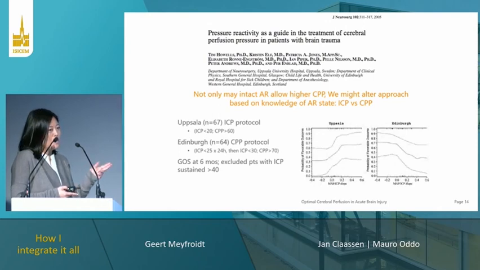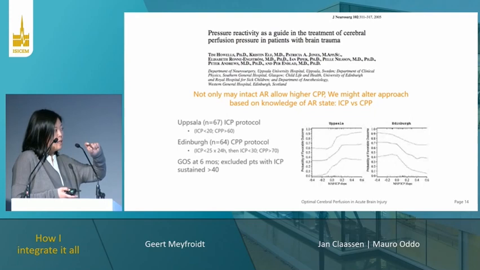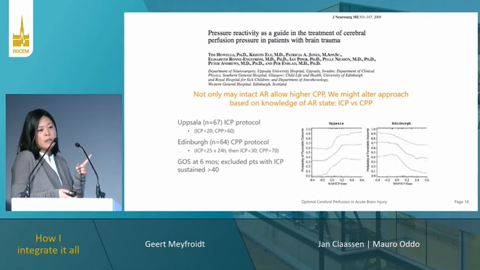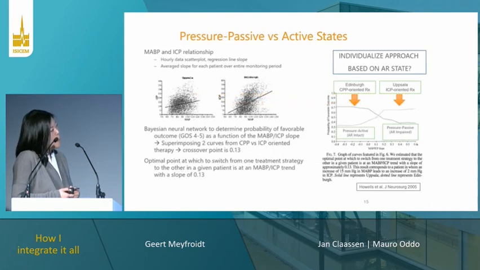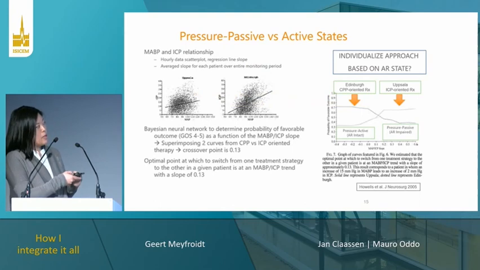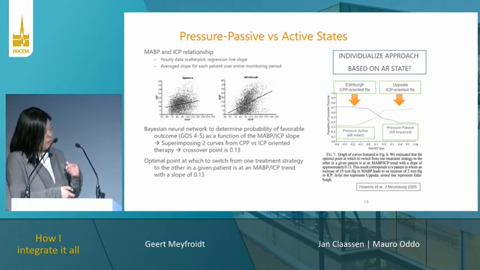As a natural history study, you have the same economic status of the country, the same mixture of suburban and urban where these hospitals are located, and the single thing that's different is the way that these protocols are built, favoring ICP versus CPP. And this just demonstrates what that slope looks like in a pressure-passive versus a pressure-active environment.